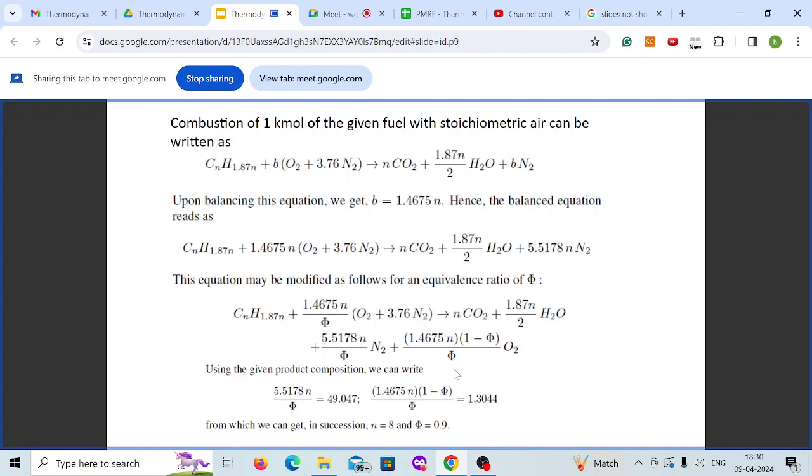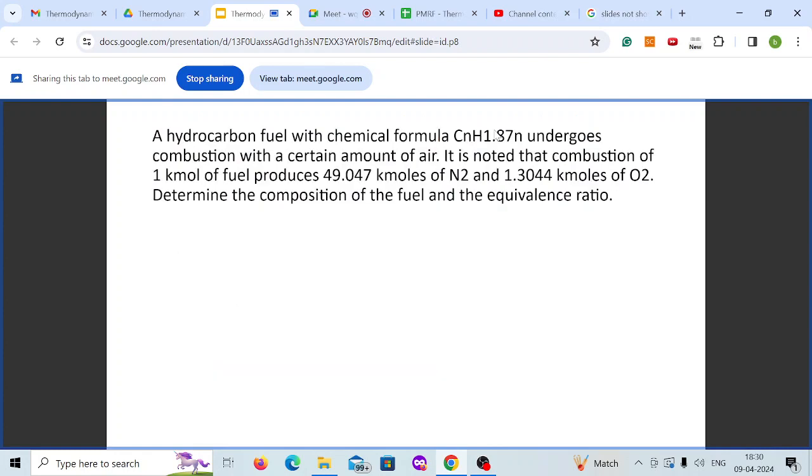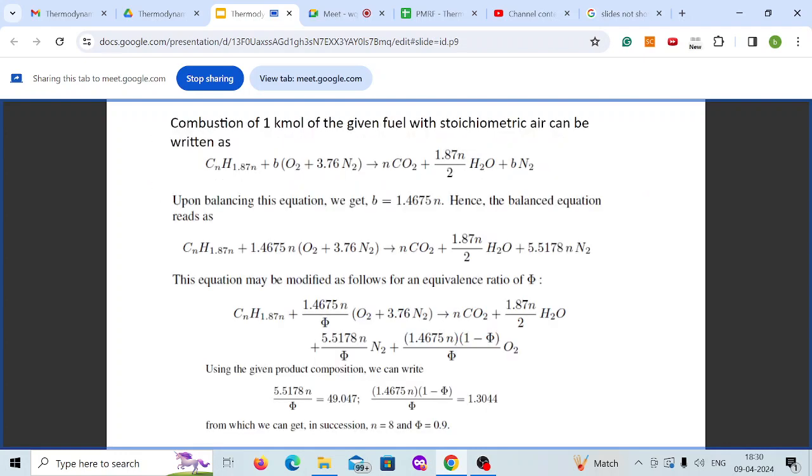Now in the question, the oxygen present is 1.3044 and nitrogen is 49.047. From this we can find n and phi, since both equations have the unknowns n and phi.